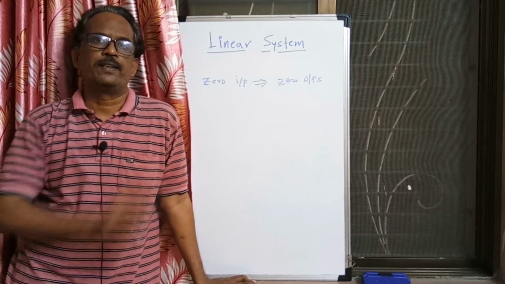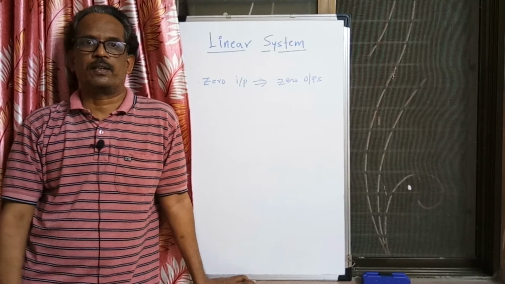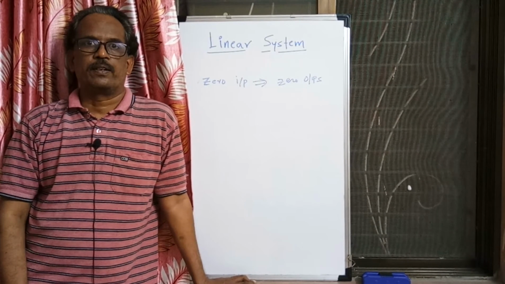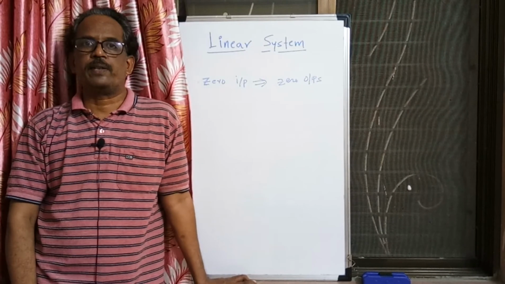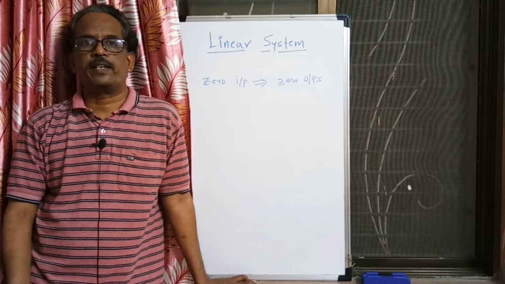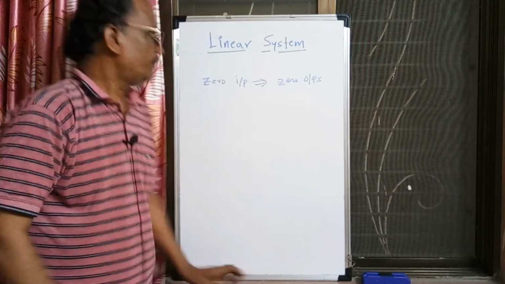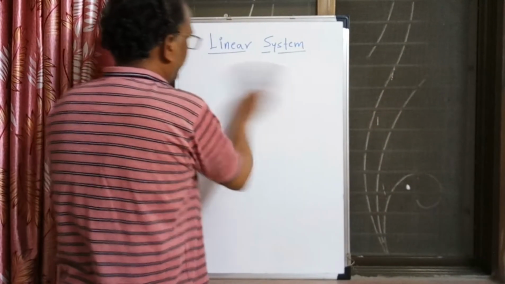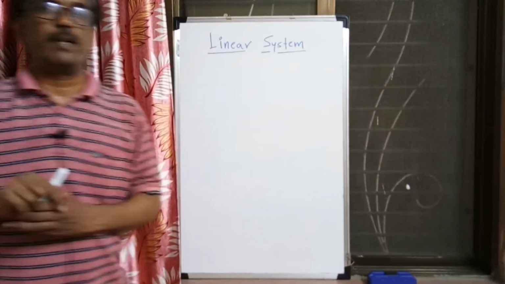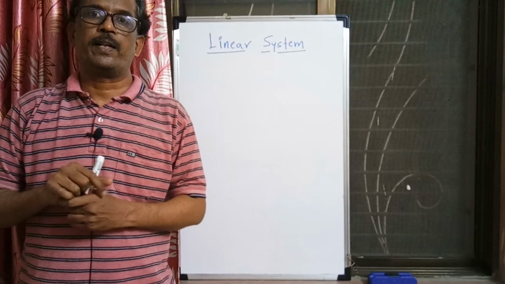So this is one of the requirements. It does not completely say that the system is linear: even if this condition is satisfied, we cannot say that the system is linear. So let us take an example and see whether the given system follows the linearity property or not.